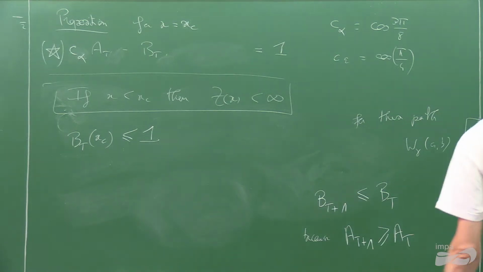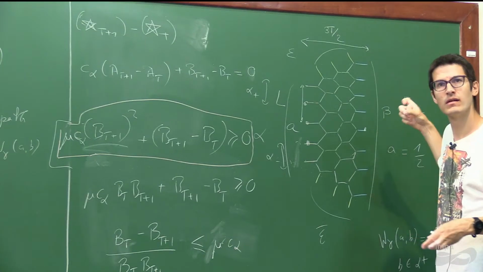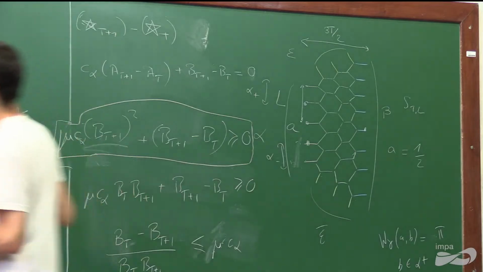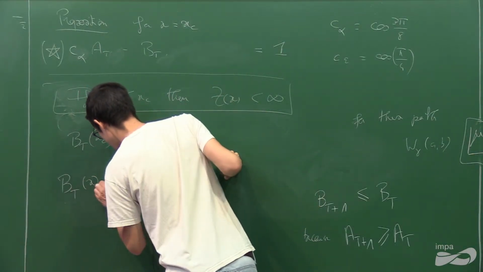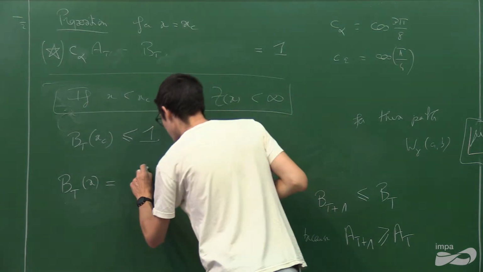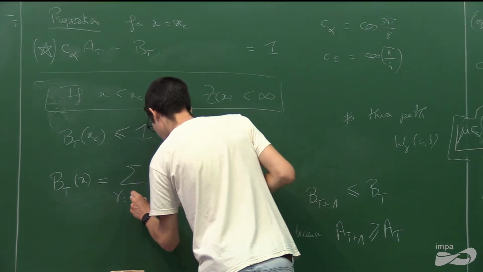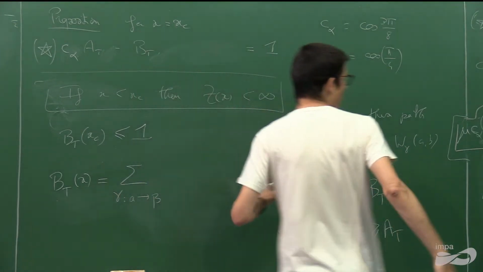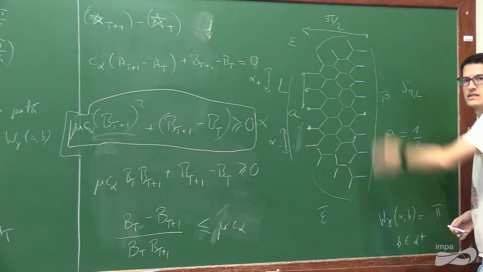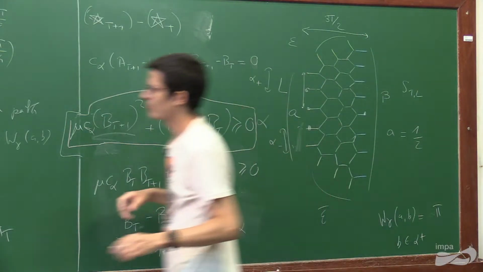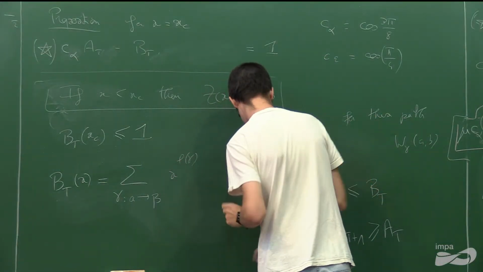So now if you take a version of BT, but for a smaller x, well, this is equal to the sum over gamma from A to beta, where now beta is just like infinity in this direction, of x to the L gamma.